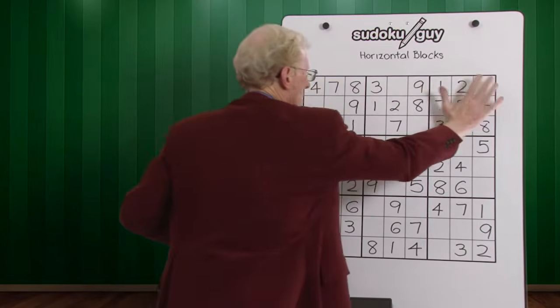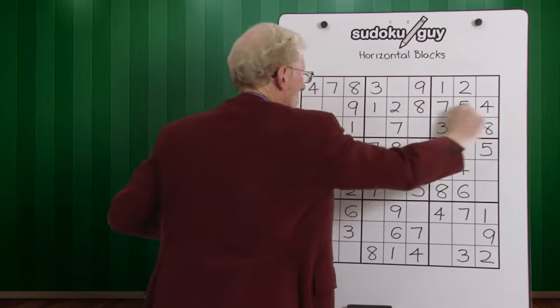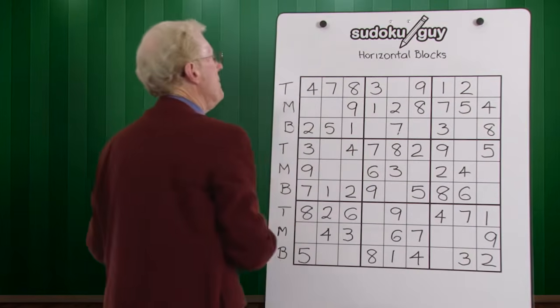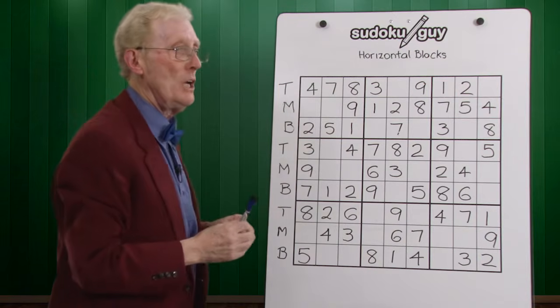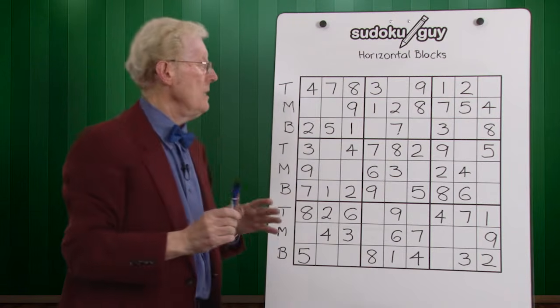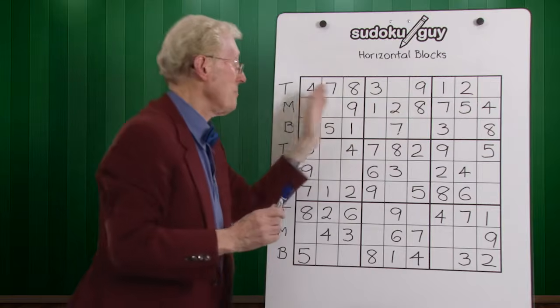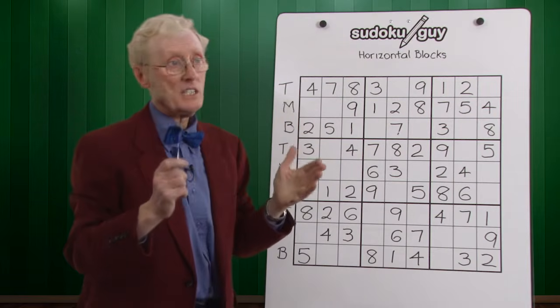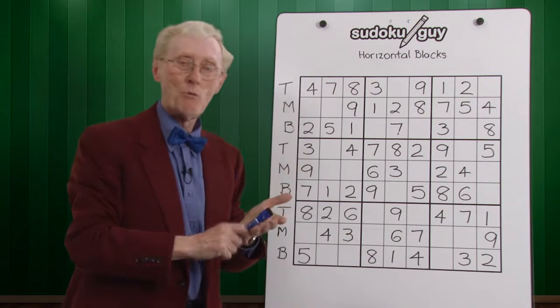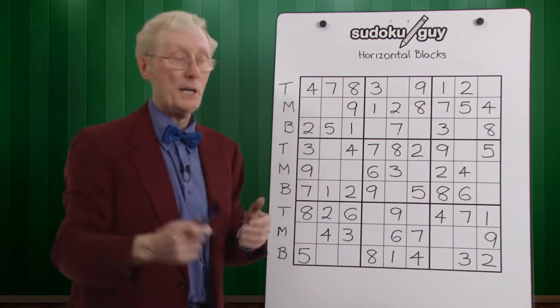Top, middle, bottom, top row, middle row, bottom row, and we're going to take the first step. What I look for is a number that's in 2 of those blocks, but not in the 3rd one. And we're going to go easily in a sequential manner. Numbers start with 1 and we'll work our way up to 9.